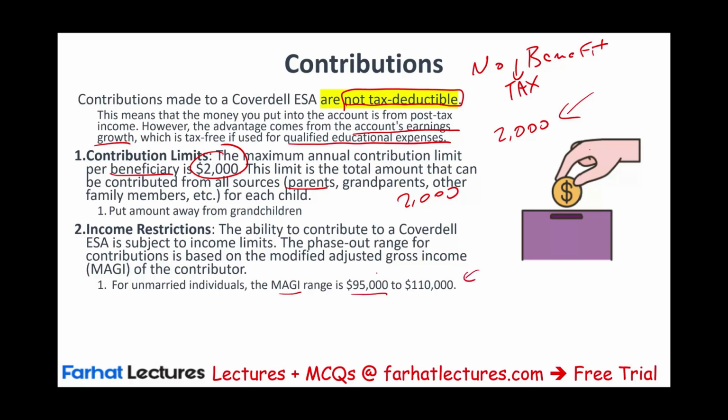If it's above 95, they will start to trim it down till 110. So it will start to phase out from 95 to 110. For a married couple filing jointly, it starts at 190, ends at 220. Now bear in mind, those limits will change. So if you're looking at this in a future year and those numbers don't match, there's still a limit and there's a phase out. So make sure you know what the phase out is.